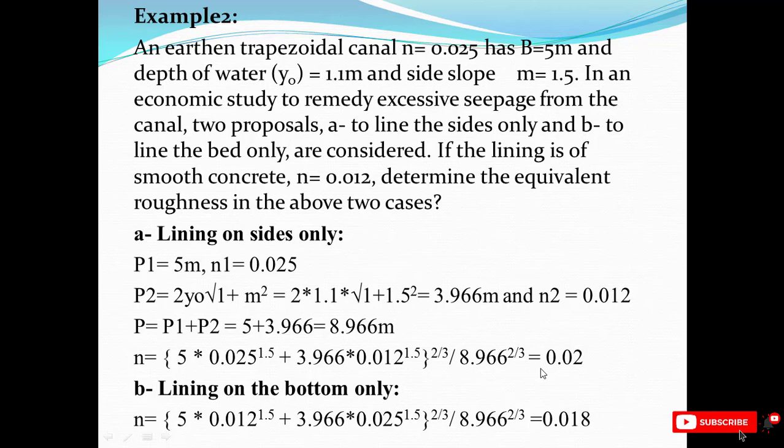In the second case, use the same formula to find the n equivalent. Just replace for P1, n is equal to 0.012, for P2, n equal to 0.025, and n equivalent is 0.018. Because in the second case n is lower, the discharge capacity is higher, so B is better than the first.